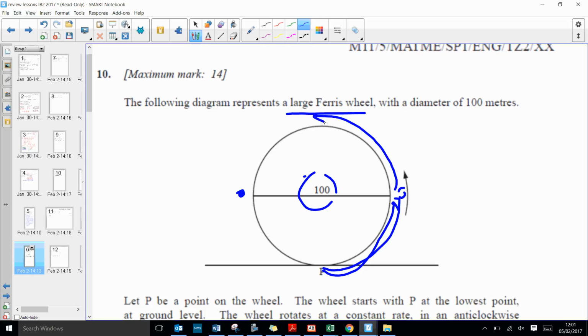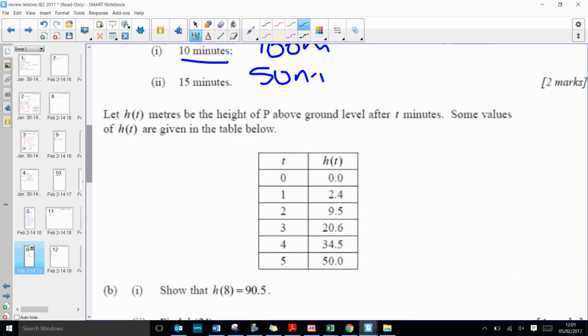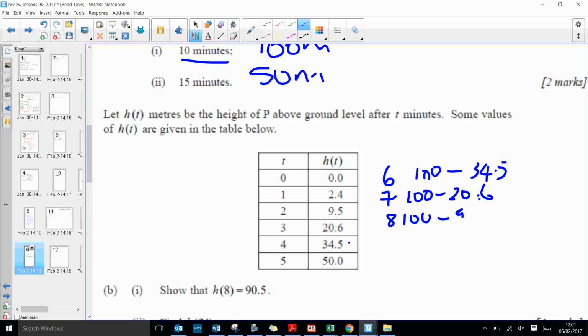So if we were to look at when time was 6, it would actually be 100 meters minus this value here, so 34.5. At 7, it would be 100 minus 20.6. 8 would be 100 minus 9.5. 9 would be 100 minus 2.4.